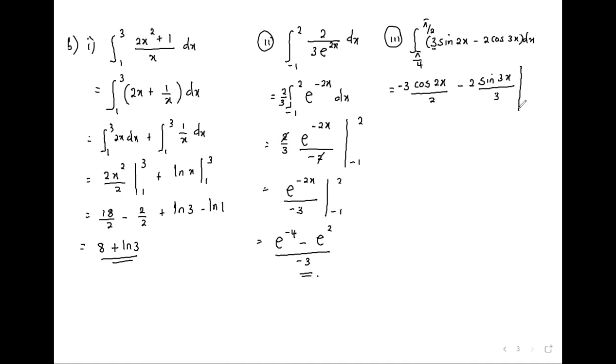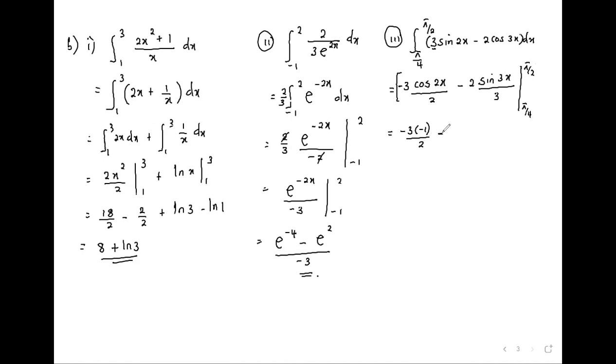And then now we bring the angle from pi over 4 to pi over 2. So we substitute. Where there is x, when we put pi over 2, we get pi. Pi is 180. Because cos 180 is -1. So we have -3 minus 1 over 2, minus.